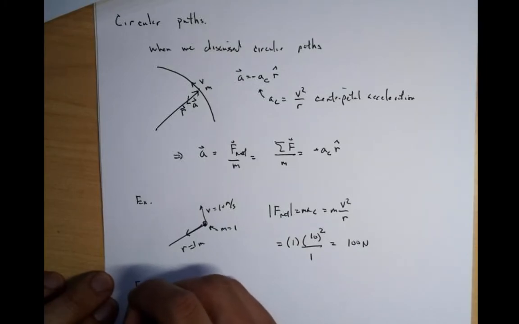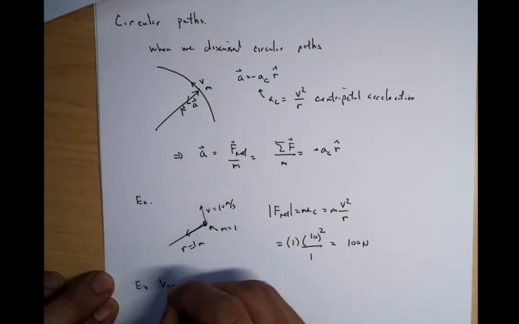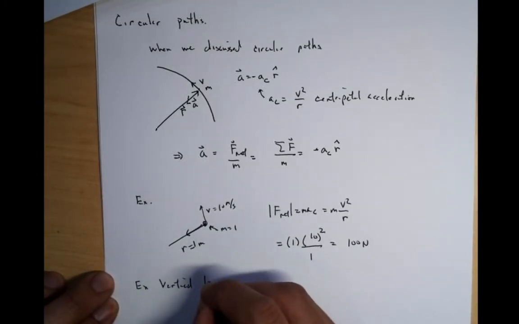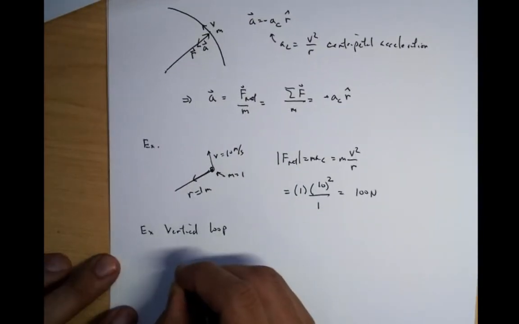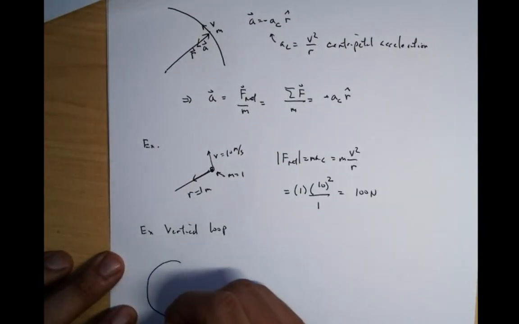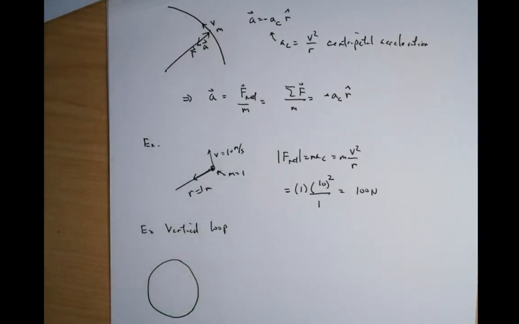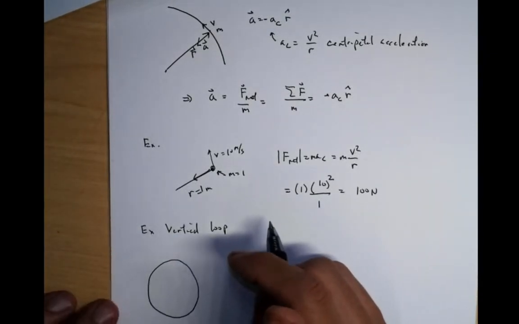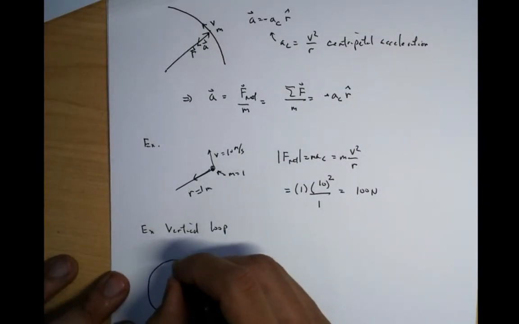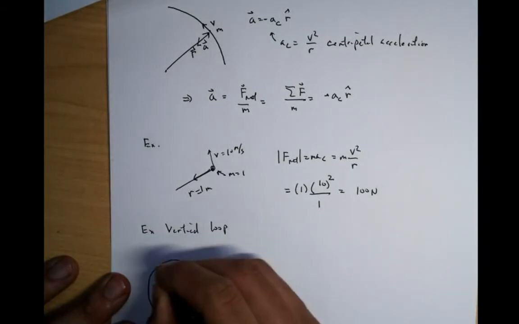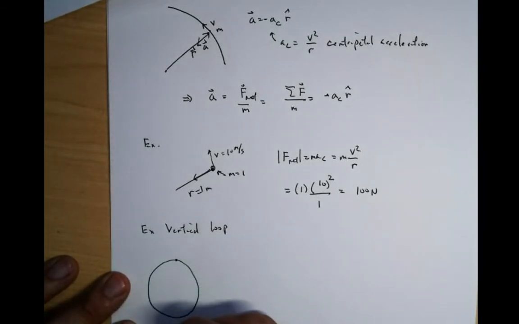The second example is a vertical loop. Suppose you throw a ball and it's spinning around in a circle, for instance. It goes around the circle, and there are two positions we care about.